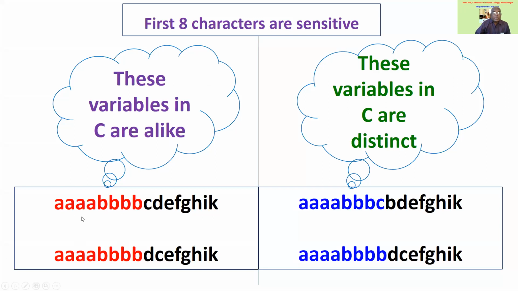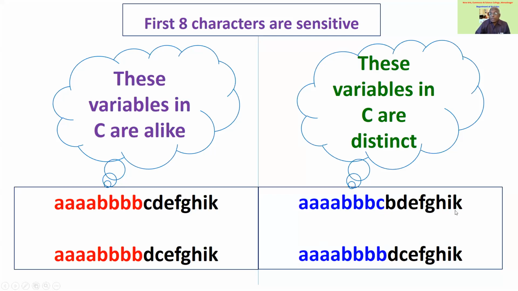First 8 characters are same. That is why the C language treats these two variables as same. Come here. 4 times A, 4 times A. 3 times B, 3 times B. 7 characters. And the 8th character is C here, the 8th character is B here.